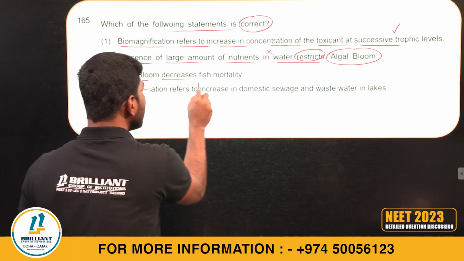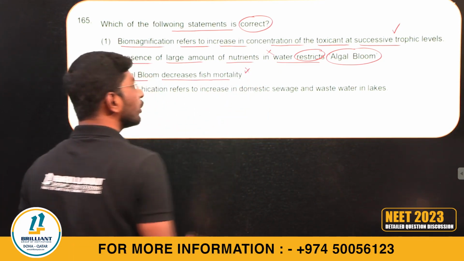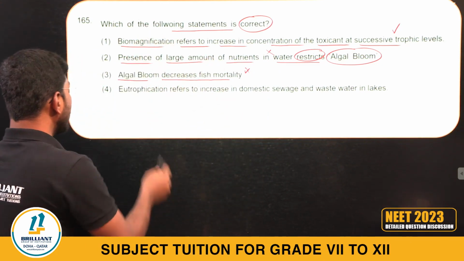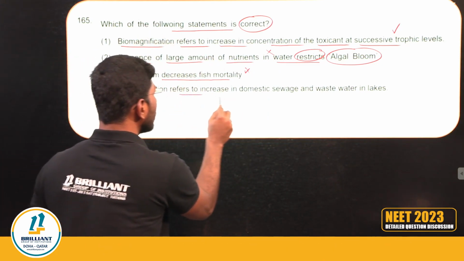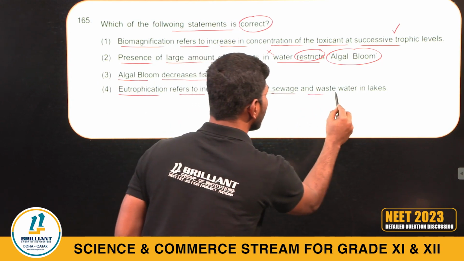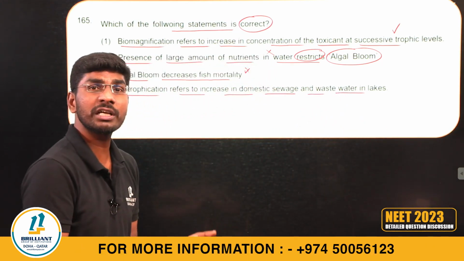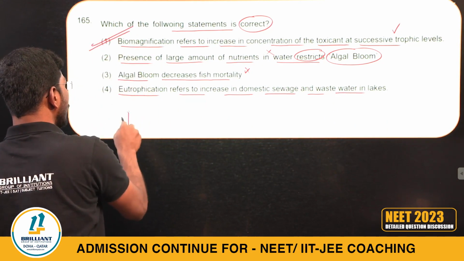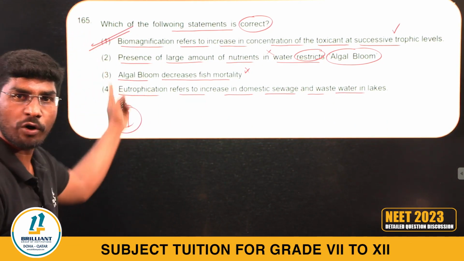Algal bloom increases fish mortality, so that statement is wrong. Eutrophication is nothing but aging of a lake. So the right statement is option 1. 165, option 1.